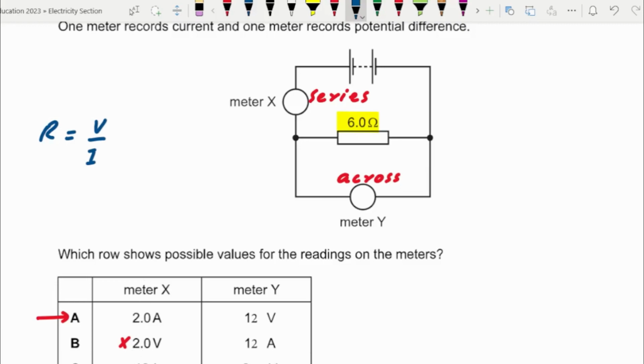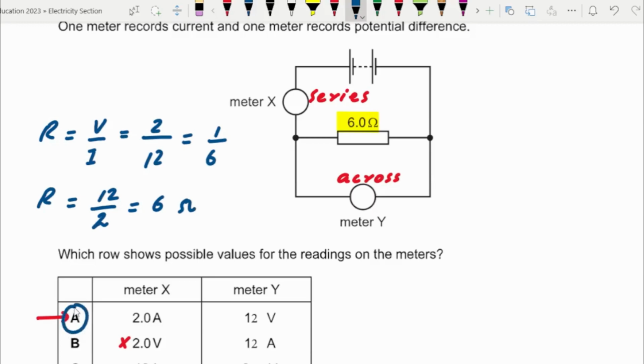So if I choose the option C, V equals 2, current equals 12, and that gives you 1 over 6. Resistance is not 1 over 6. If I choose the option A, voltage is 12, current is 2, you hit it on the calculator, or I mean, it should be obvious, you get 6 ohms. So A has to be the right answer.